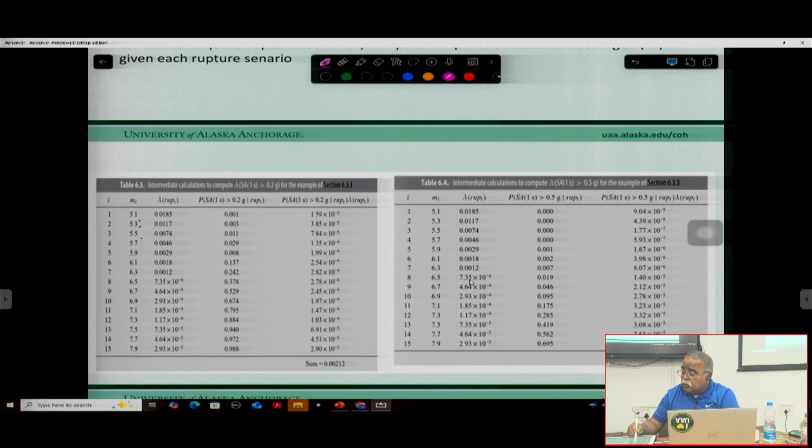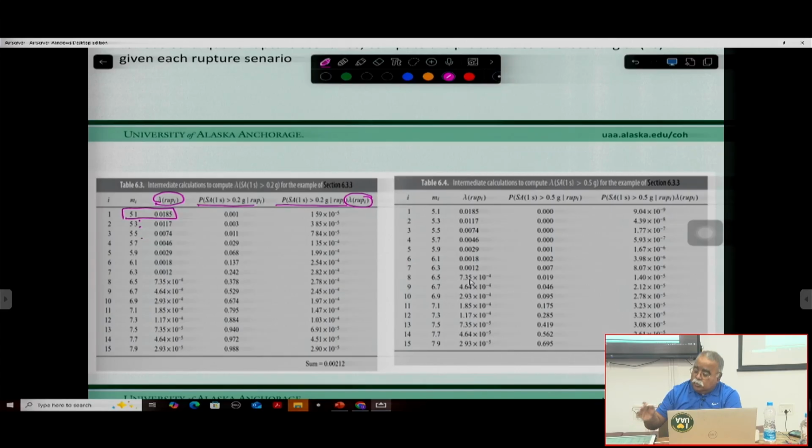We can also calculate for the different magnitudes how it is becoming, and then the probability of exceedance of SA at 1 second being greater than 0.2 G. That we can also find out after multiplying with your lambda rupture 1. So this is your probability, and this is your probability multiplied by the rupture 1, right? Then you can calculate, and this is your lambda rupture 1, which you can also find from this relation.